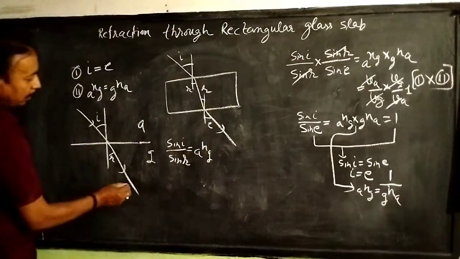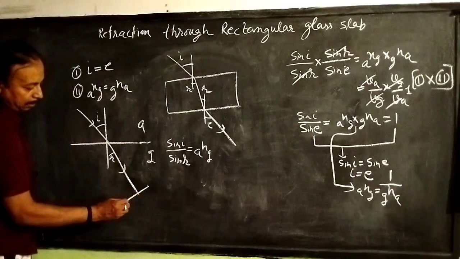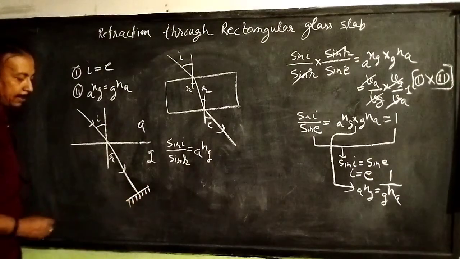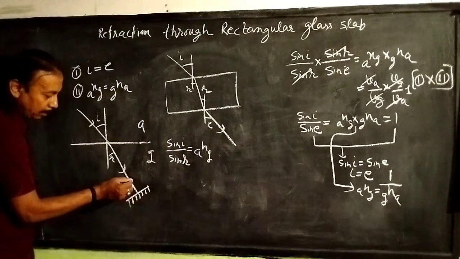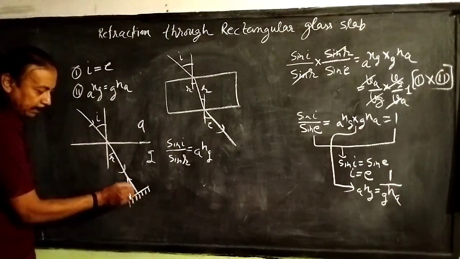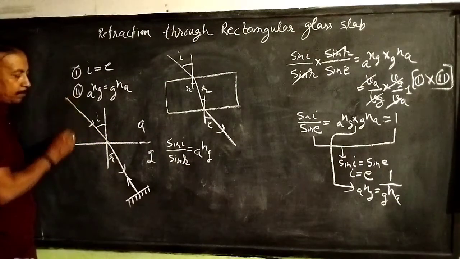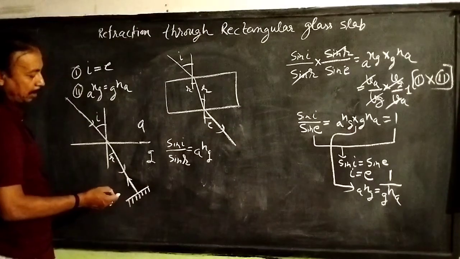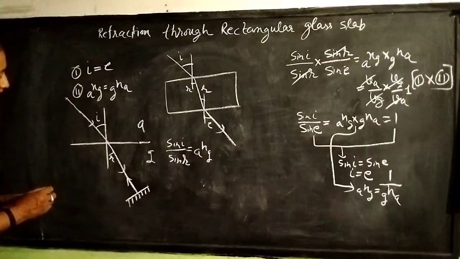Now if we put a plane mirror at 90 degrees to the ray, then what will happen? This ray will reflect back and trace the same path along which it reached the mirror. This is called the reversibility of the path of a light ray.